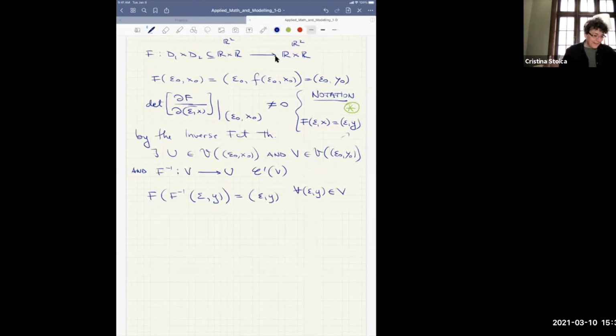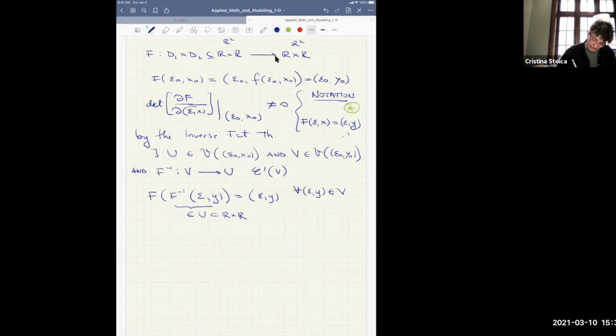Okay, now let's see. So we're here, which is good. Here comes an interesting side. This guy, when it comes back to U, which is in R cross R, has two components.